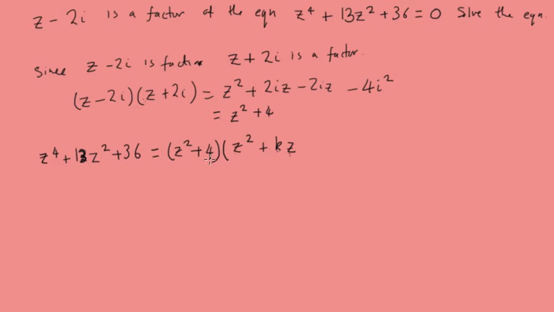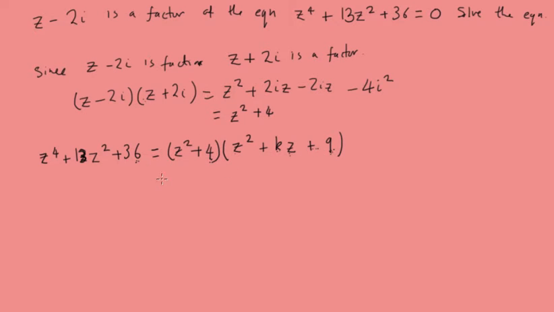Now, we've got 4 here. 4 needs to multiply with the number we're going to put here to give us 36. So 36 divided by 4 is 9. So 4 times 9 gives us the 36. So that's how you choose the number that's going to come here.